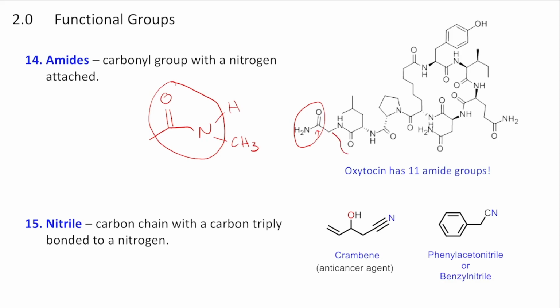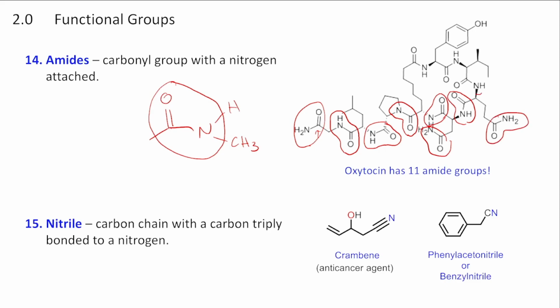Next, over here, we see another carbonyl group also attached to a nitrogen. Here is another carbonyl group attached to a nitrogen. It's another amide. Another carbonyl group attached to a nitrogen makes that another amide. We have an amide here, an amide here, an amide here.